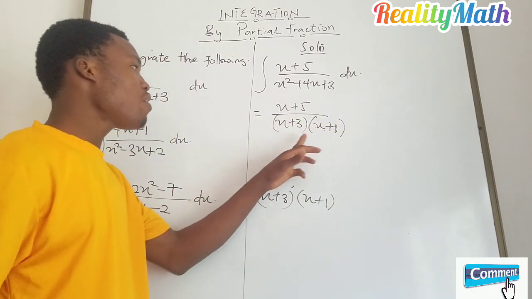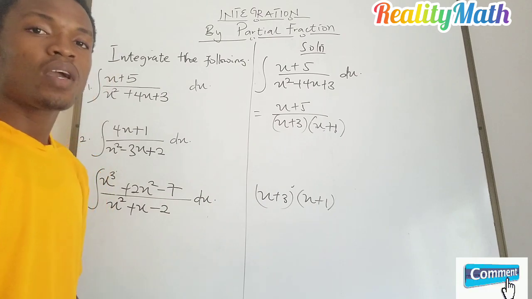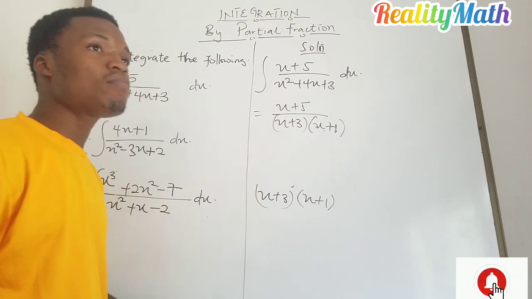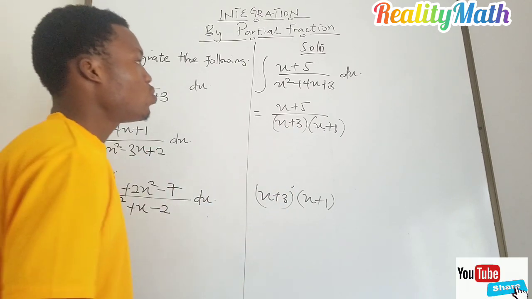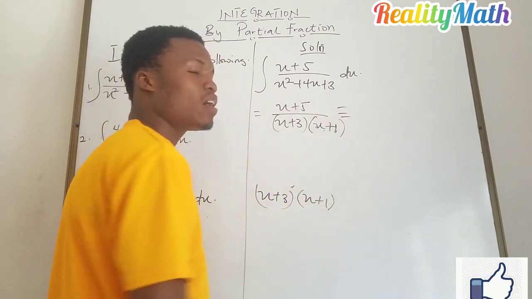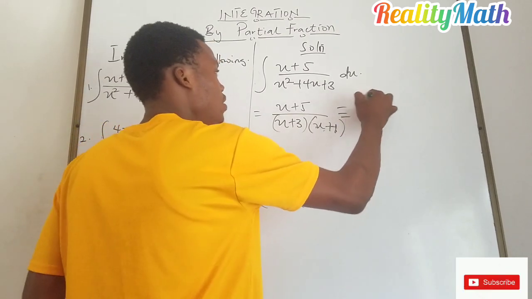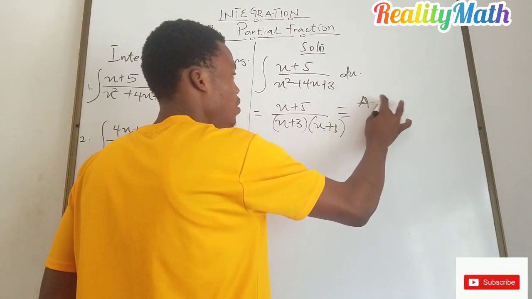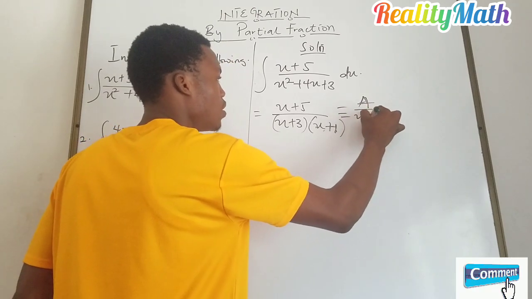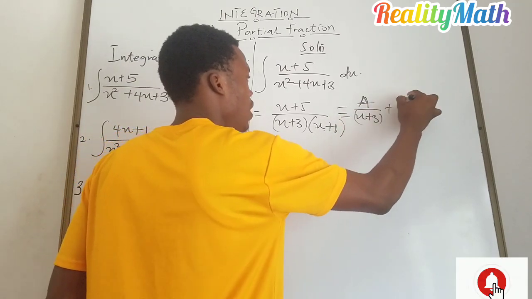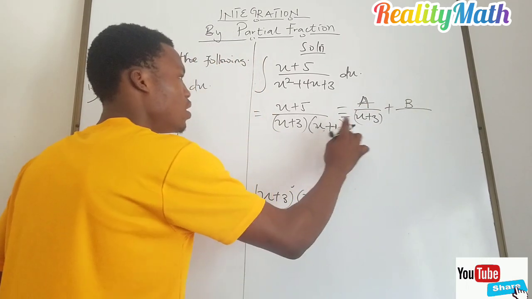We have two factors here, so we can give them two variables. This should be equivalent to A over x plus 3 plus B over x plus 1.